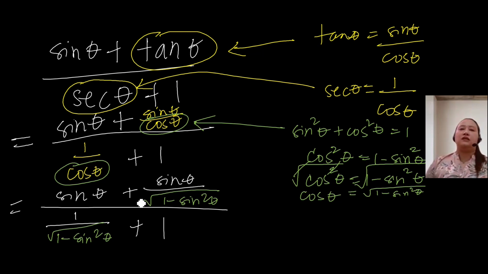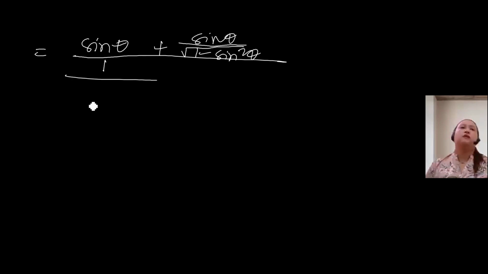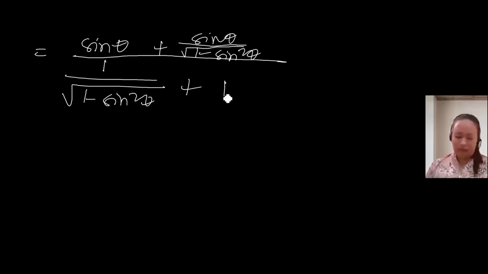In simplifying it, I'll just rewrite. The last part of the solution was sine theta plus sine theta over the square root of 1 minus sine squared theta, and then all over 1 over the square root of 1 minus sine squared theta plus 1.